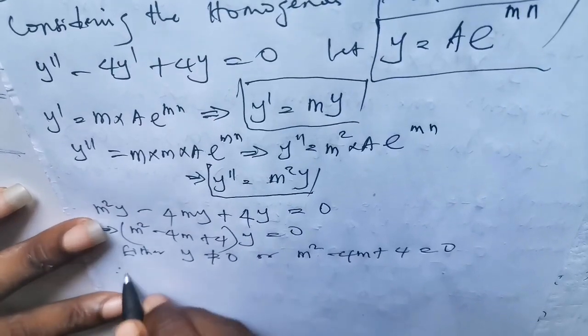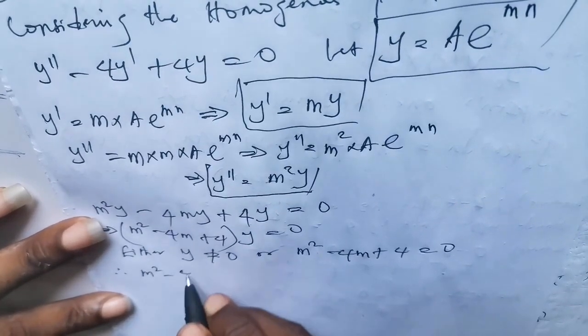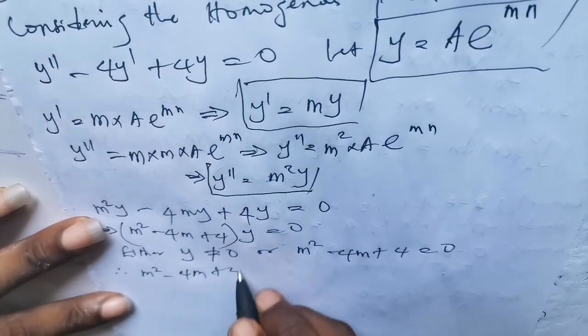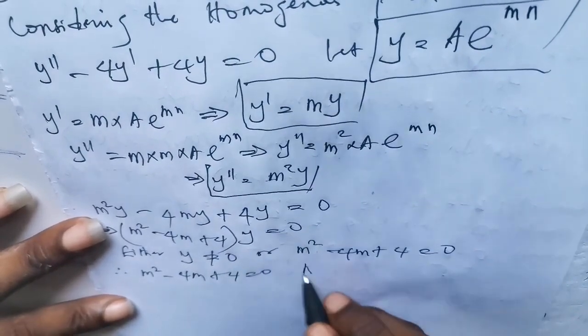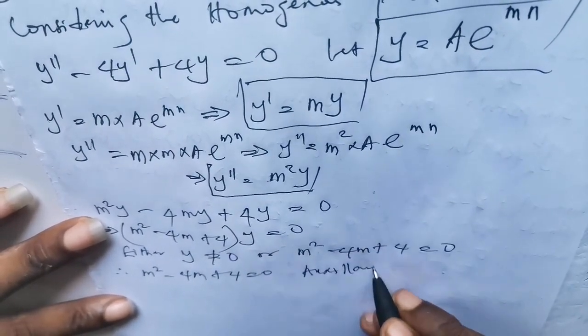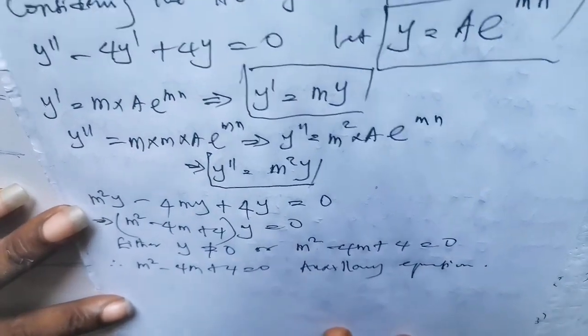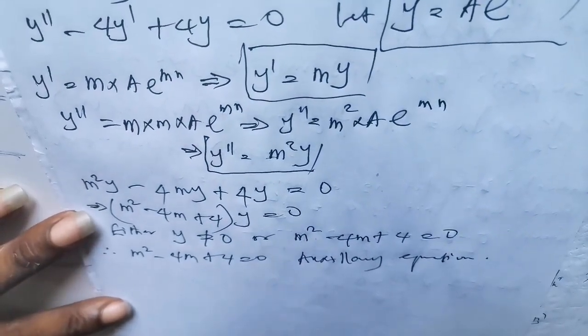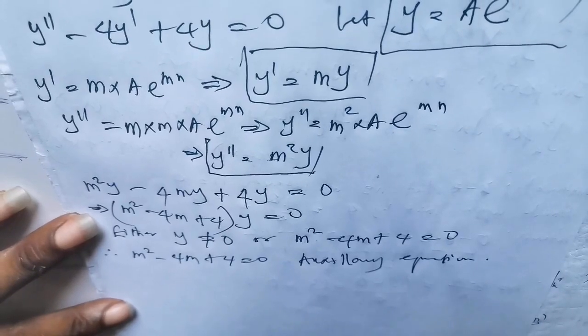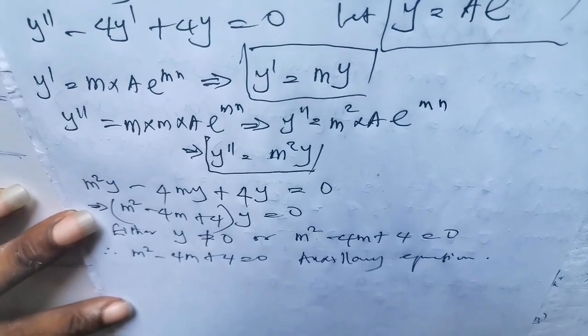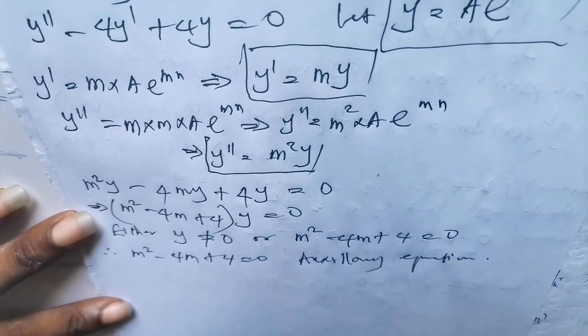Now this equation, m squared minus 4m plus 4 is equal to 0, is called the auxiliary equation. We solve this by any method of factorization, the quadratic formula, or whatever method you wish.